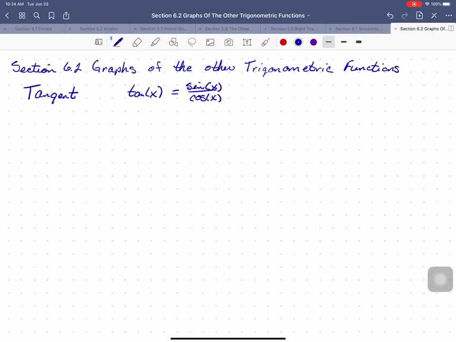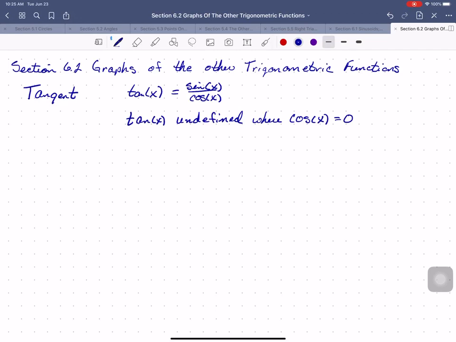So this has got some implications for the domain of tangent. Tangent is undefined wherever the cosine function equals 0, because we cannot divide by 0. It's undefined.